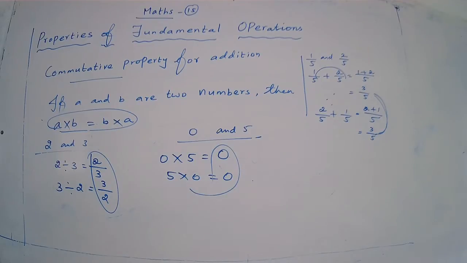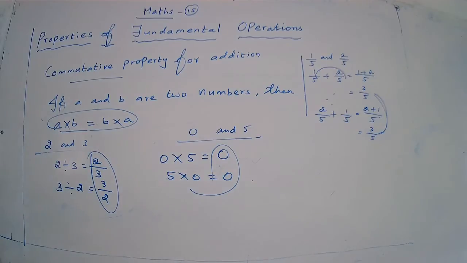Yes, then underline that line. It's very important, okay? So the commutative property for addition of numbers means if A and B are two numbers, then A plus B is equal to B plus A. Okay children? Underline the line.